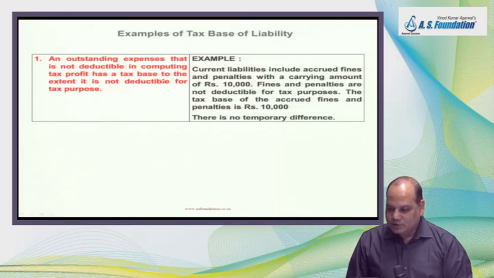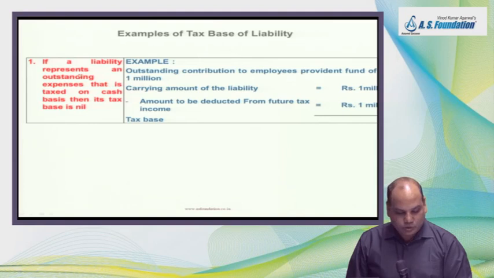Or you can say in simple terms, for such item, tax base is equal to carrying amount if that outstanding expense cannot be deducted in future. One more easy example. If a liability represents an outstanding expense that is taxed on cash basis, then its tax base is nil.